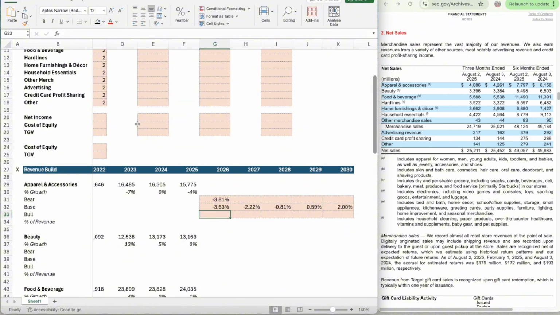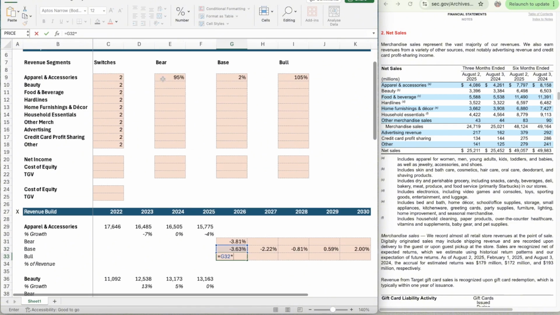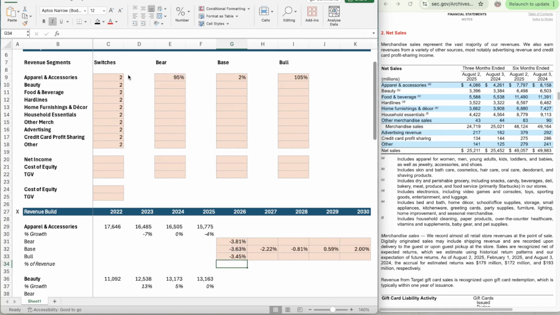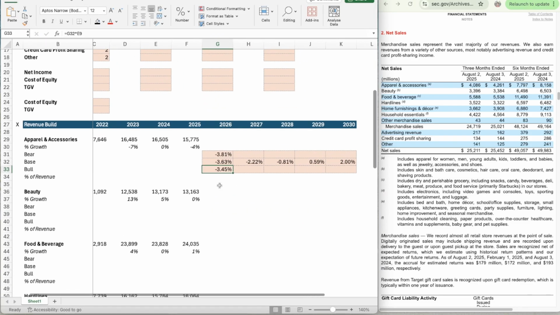We want this to be lower, as in more negative, for it to be a bear case, and less negative to be a bull case. If it was positive, we would do it the normal way. But when it's negative we just have to make it an exception. So we copy this over until it gets positive and then we switch it around.